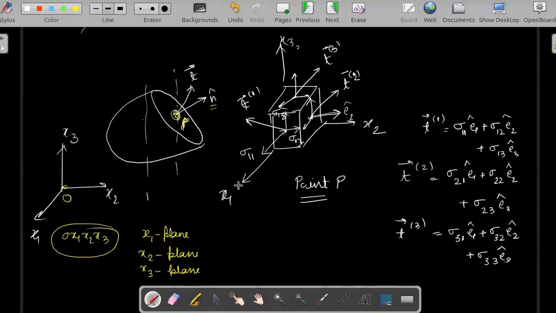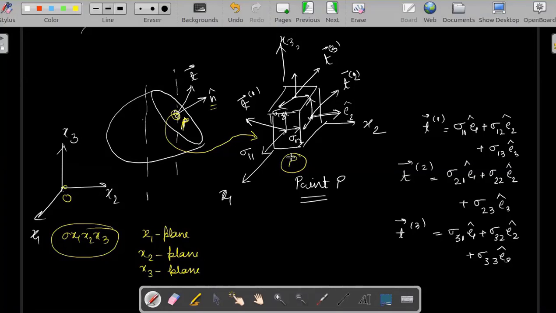Now from this body we have just taken out a small cuboid here. This is again representing the same point. And now we have drawn the three independent planes. If there are three independent planes, then there will be three traction forces also.